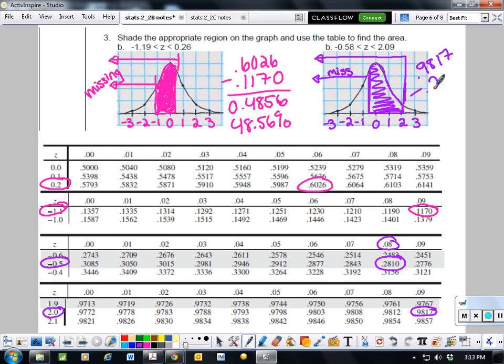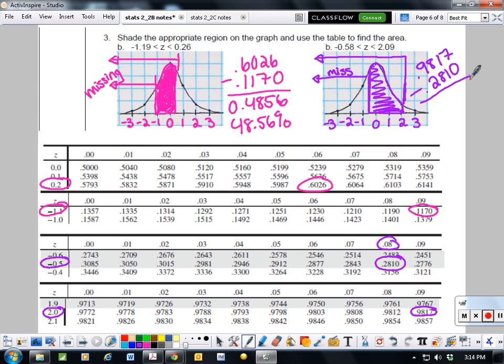so 0.2810. And keep in mind, the more you show your work, the better off you are, because if you just pulled a number off the table wrong, they can work with your information and give you some partial credit. But if you don't show your curve, if you don't show your values that you're subtracting, they will dock you big time.